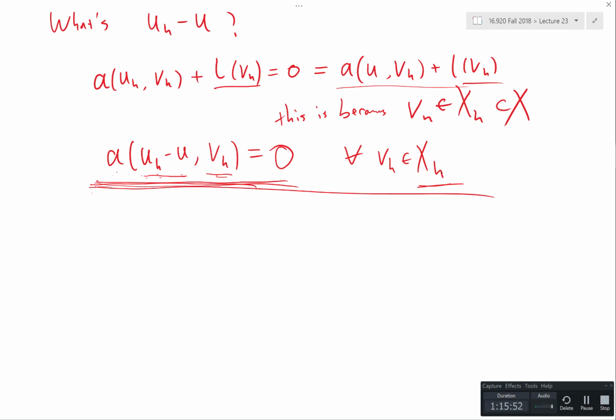So that means U, the true solution, has to be somewhere, if you draw a line from UH, the finite element solution, and draw a line orthogonal to the blackboard, the true solution U has to be somewhere on that orthogonal line. All right.